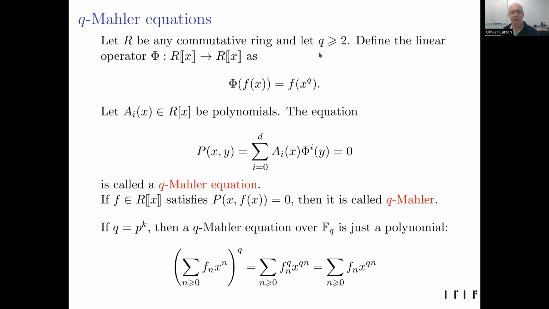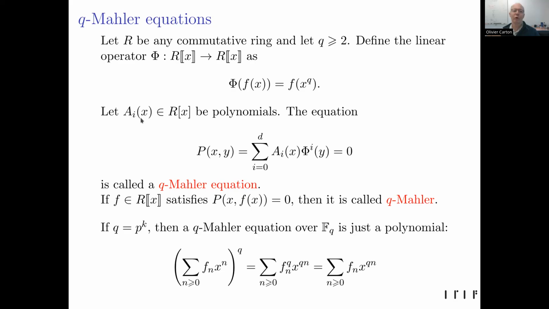So the idea is that we have a commutative ring R, and we are in the base q, and therefore we look at the linear operator phi, which maps a rational series to the series obtained by replacing x by x to the q. And so this is a linear operator that can, of course, be iterated.